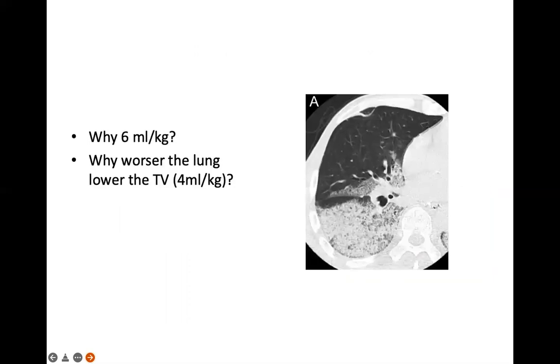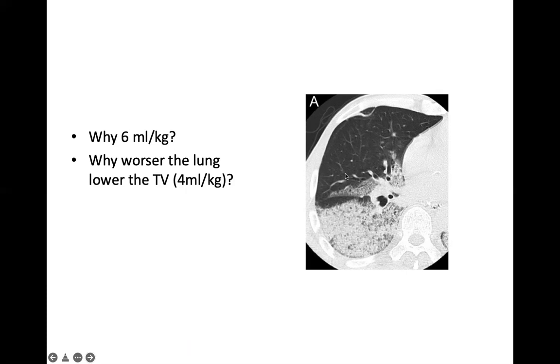So why do you say use a small tidal volume, use 6 ml per kg, bad lung, use 4 ml per kg? You need to understand that in an ARDS, it's never a uniform involvement. That is the main difference between hyaline membrane disease or RDS of the newborn and an ARDS of a pediatric patient. Here you have a heterogeneous involvement. You will have a normal lung, partially collapsed alveoli, and completely collapsed alveoli.